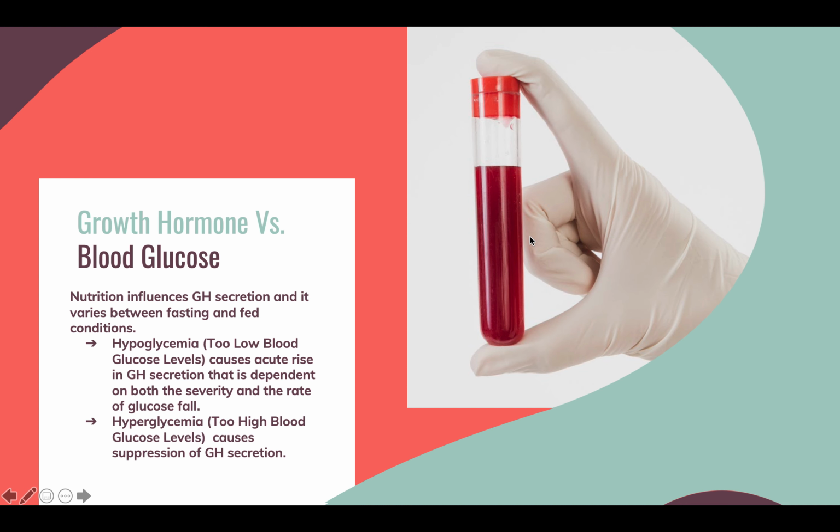On the other hand, hyperglycemia, which is when the blood glucose levels are too high, causes the suppression of growth hormone secretion. So as you can tell by now, growth hormone, insulin-like growth factor 1, and insulin levels in the blood are associated with each other.